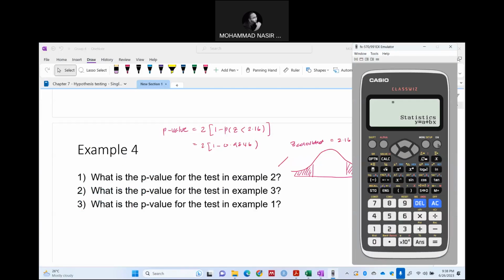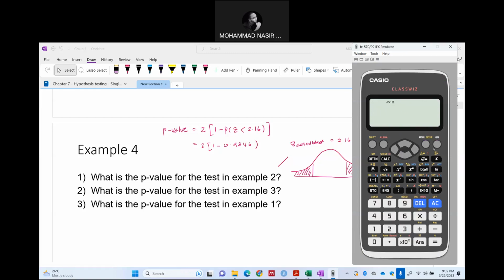Right, let's calculate using the calculator. Press menu and choose 6 for statistics. Just click AC, make sure it is statistic, 1 minus variable, from normal.